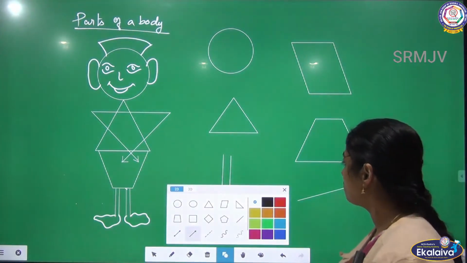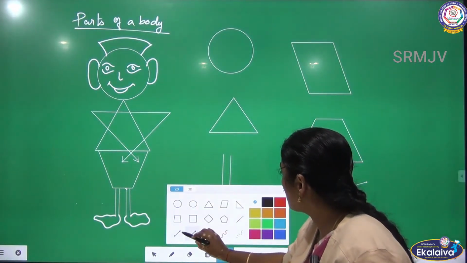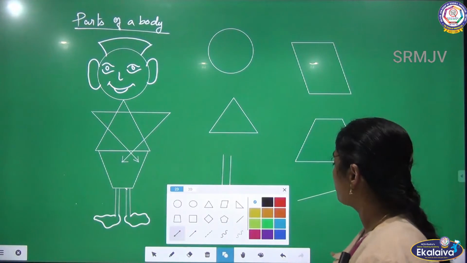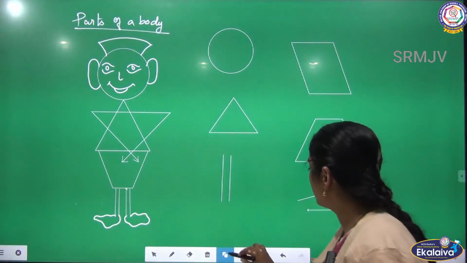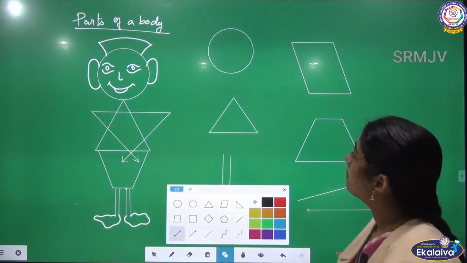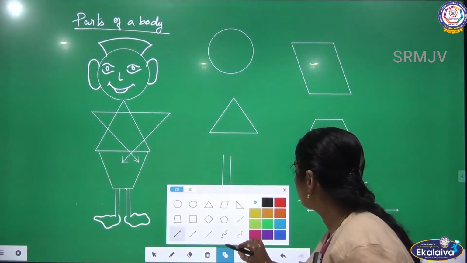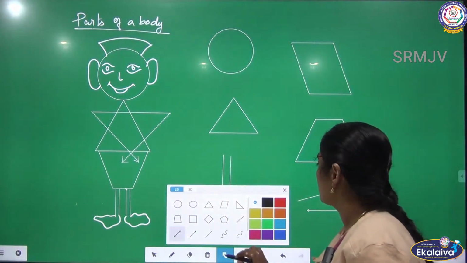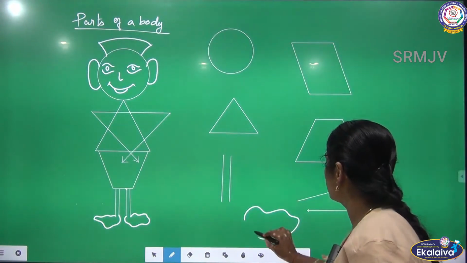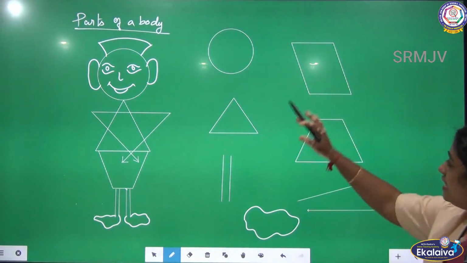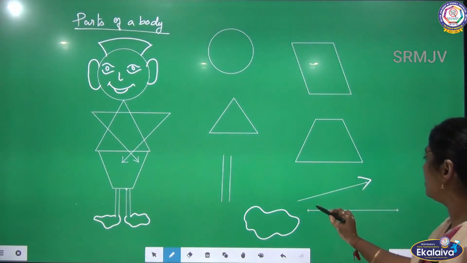Now, example for lines. Yes. Next, curve. Okay, curves. So these are the shapes I am segregating here.